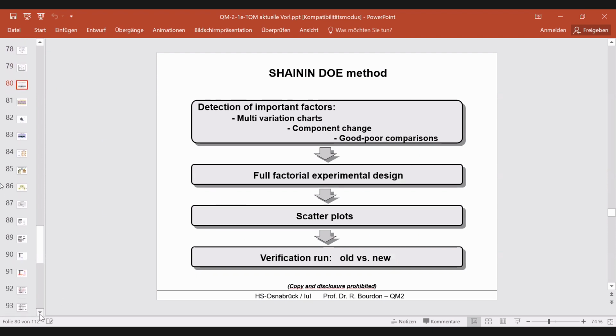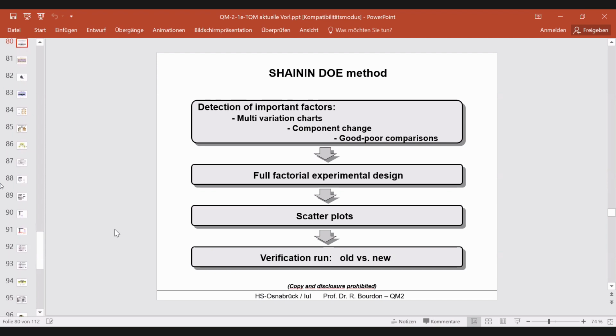The Shainin method is similar to the Taguchi method. Shainin also was a Japanese engineer, and he was also in Toyota at the beginning, and he is the founder, inventor of this Shainin method. He used only factorial experimental designs, full factorial experimental designs. This is much better than the Taguchi designs.